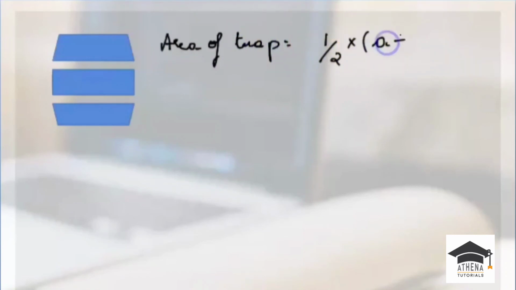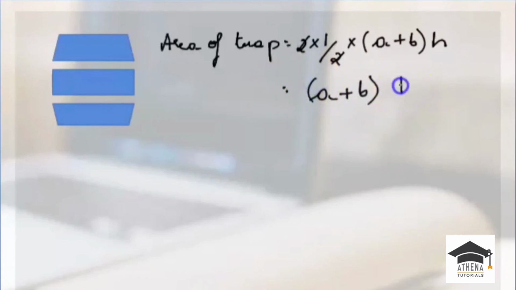Area of trapezium is equal to half into A plus B into height. Since there are 2 trapezium, I'll take up 2 here. So 2 and 2 gets cancelled. So the formula will be left with A plus B into H. What is A and B?